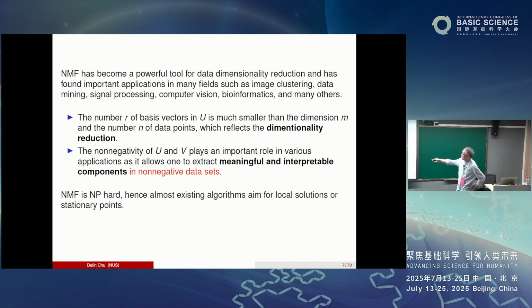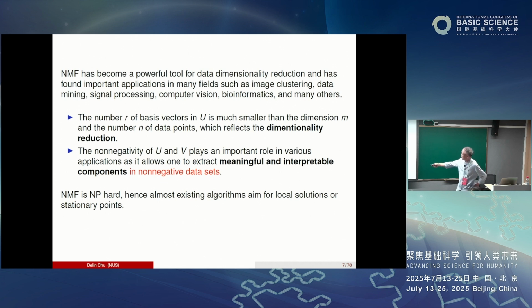Now, non-negative matrix factorization has become a very powerful tool for non-negative data dimension reduction. It has also found application in many fields, for example, image processing, image clustering, data mining, signal processing, and so on. In non-negative matrix factorization, the number R of basis vectors in U is much smaller than the dimension m, and also the number n of data points, which reflects the dimension reduction.